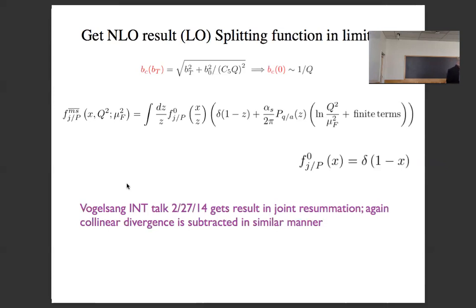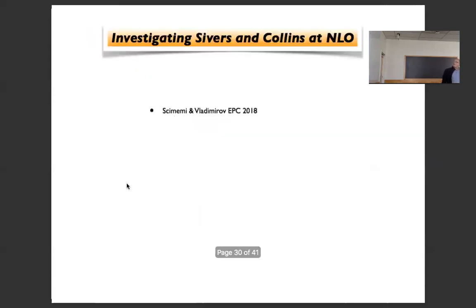So I think it's somewhat dangerous. I should have put this slide. Yeah, and also there's this paper by Ignacio and Vladimirov about, I think, looking at twist-3 objects in a similar fashion, which haven't penetrated.